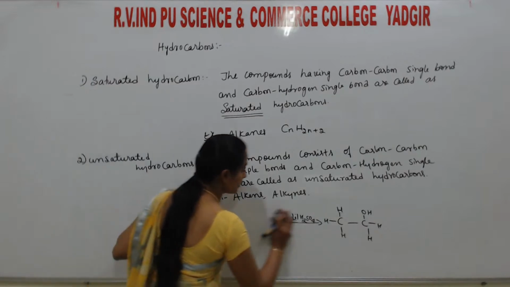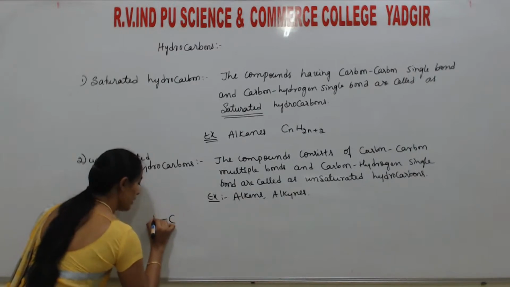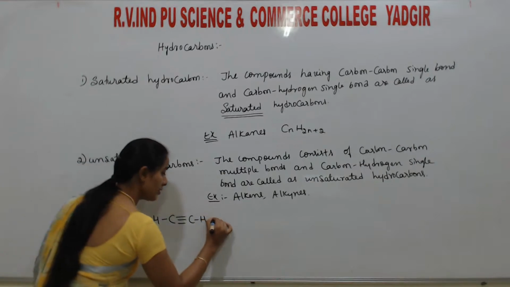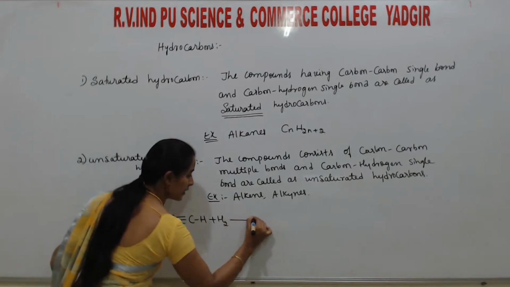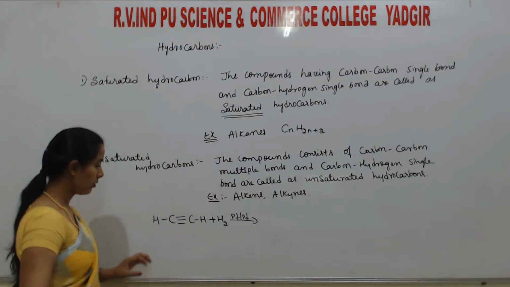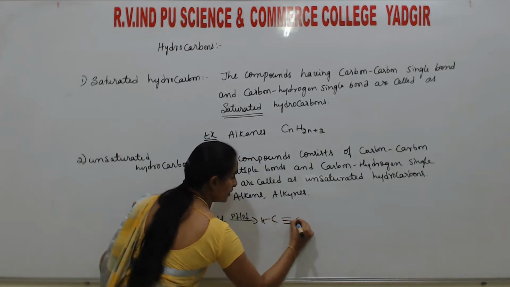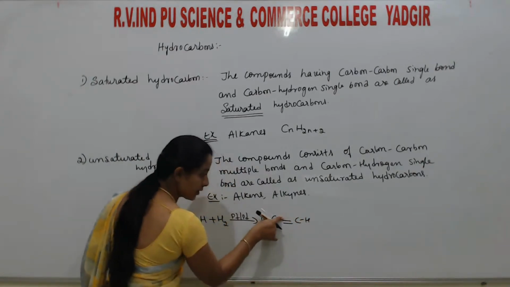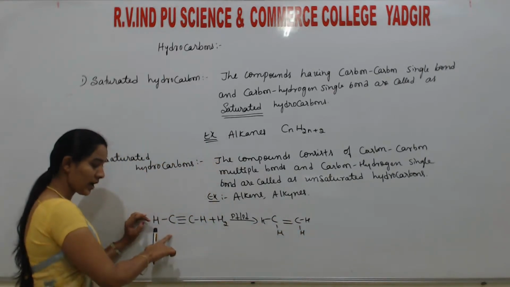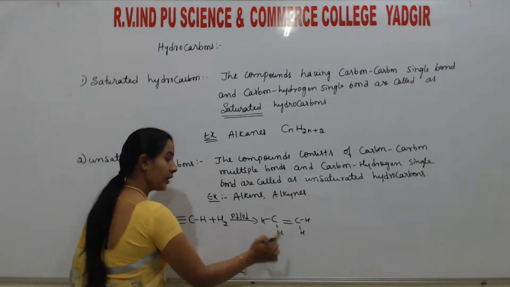If you want to take an example of alkyne, that is CH triple bond CH. So students, if H2 is added here, I'll take a simple example, then here the multiple bond is there. One bond is removed by the addition of two hydrogen atoms. This alkyne changes to alkene.